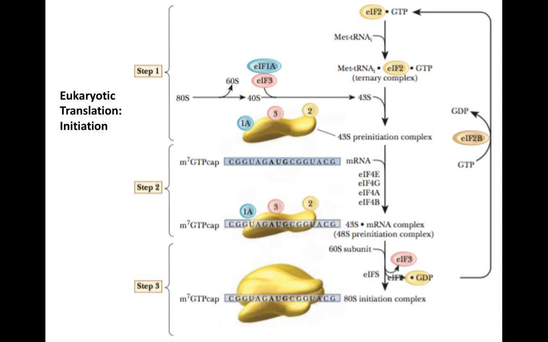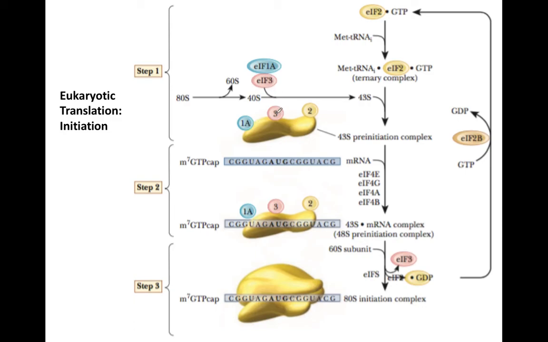We're not going to go into each of the initiation factors in detail, but we will be emphasizing a few. For example, you have here your 40S subunit, which is the small subunit for eukaryotes. It will require an initiation factor 1A to bind near this site, which in prokaryotes would be called the E site, but technically in eukaryotes you don't have an E site.